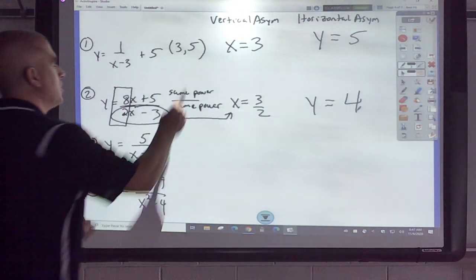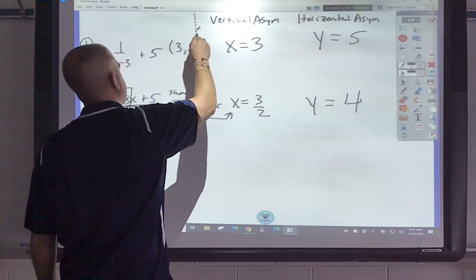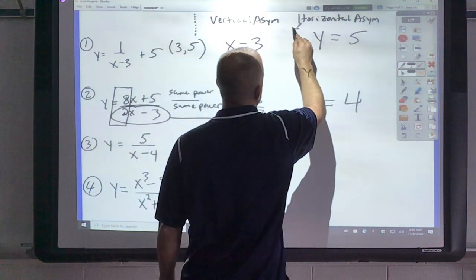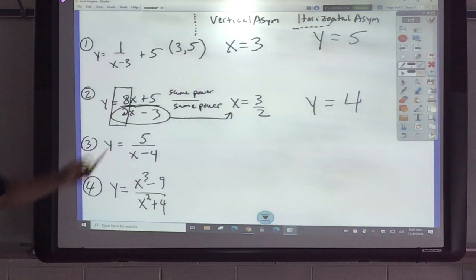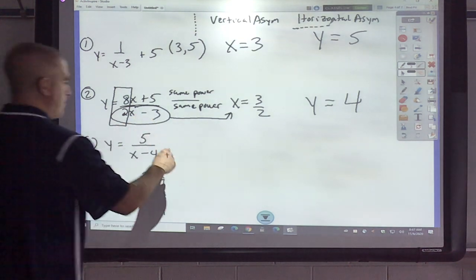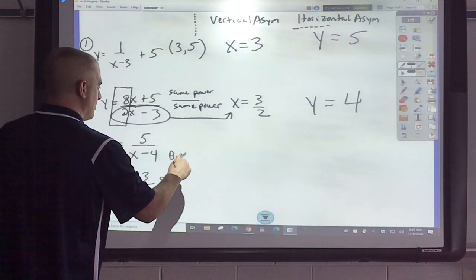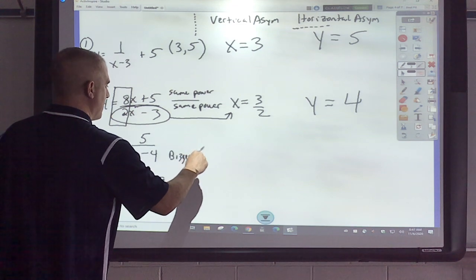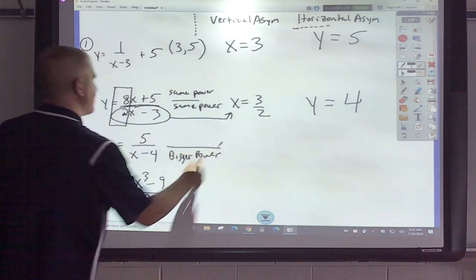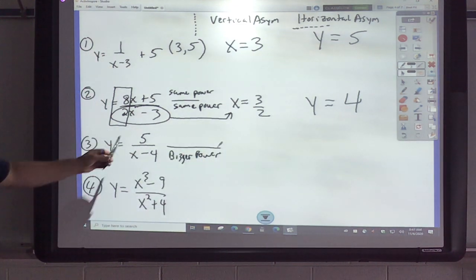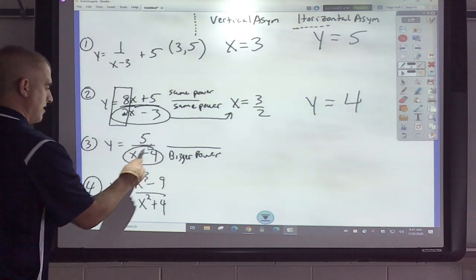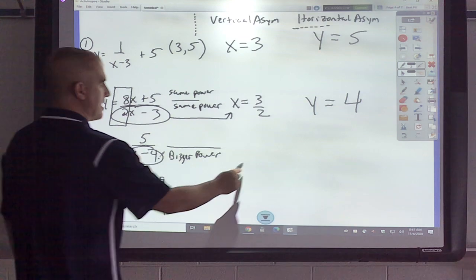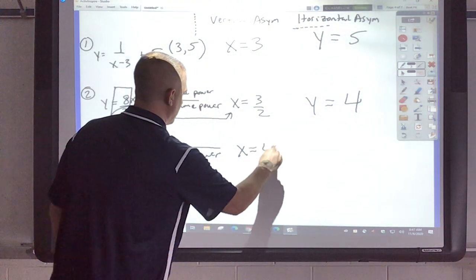What we're talking about with vertical asymptotes are these dashed lines. Horizontal asymptotes go like that. Now, with the scenario where the bigger power is in the denominator, that's a different scenario. The vertical asymptote is found the exact same way. It is solving the denominator, so that would be x equals 4.